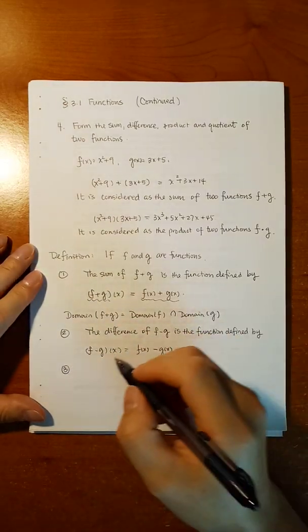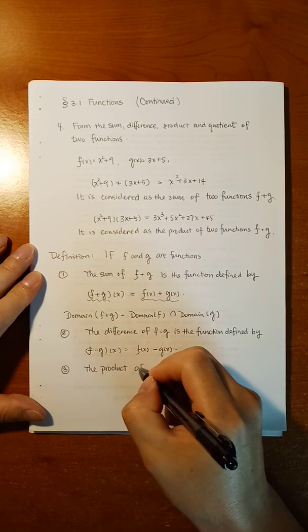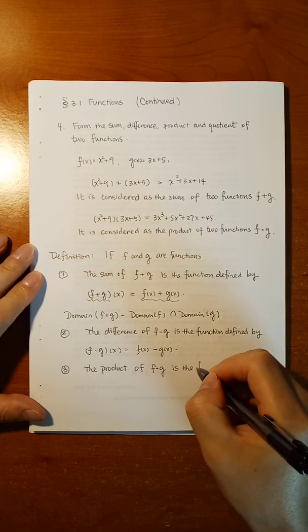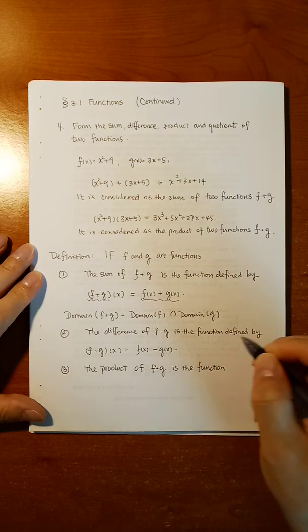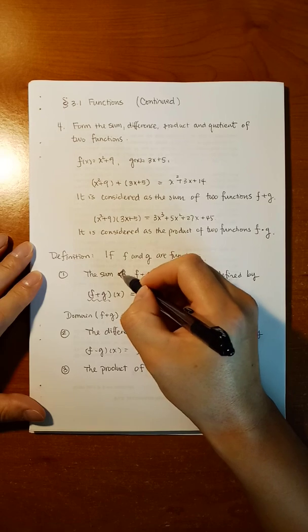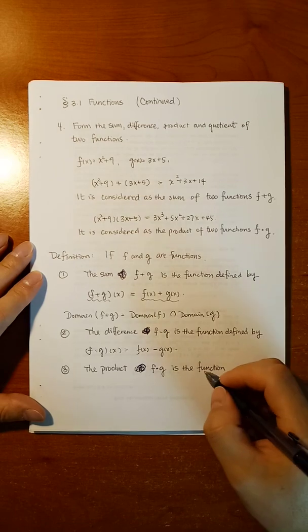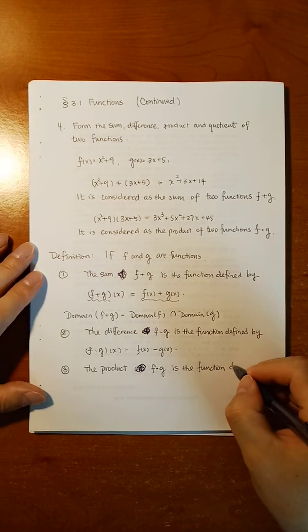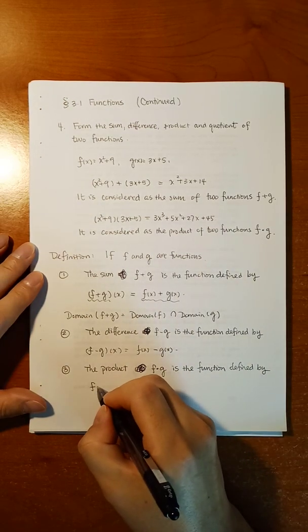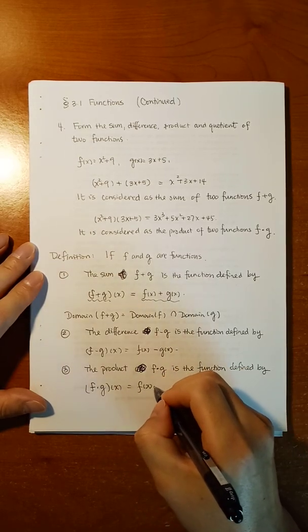Third, the product f times g is a function defined by (f times g)(x) is f(x) times g(x).